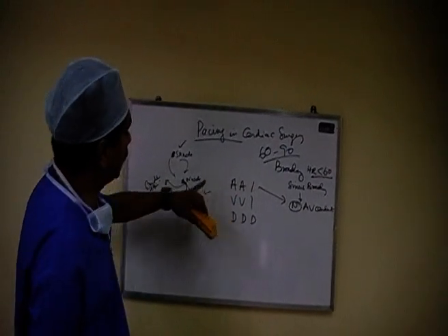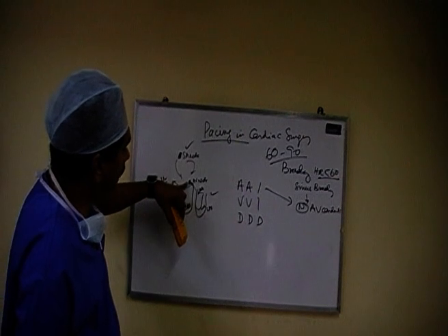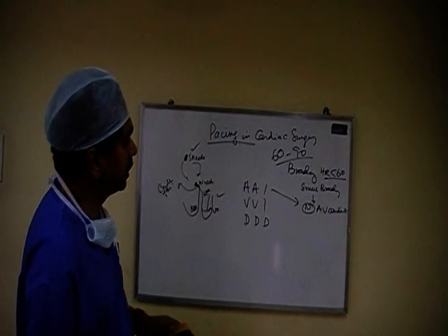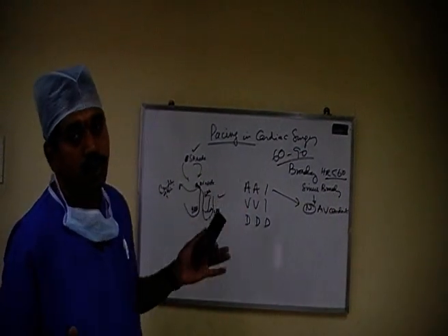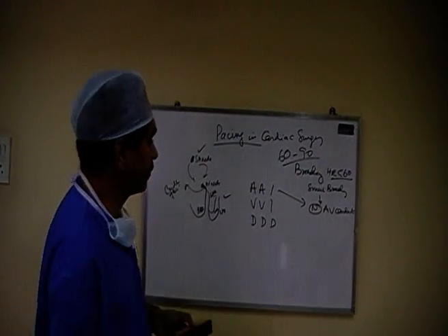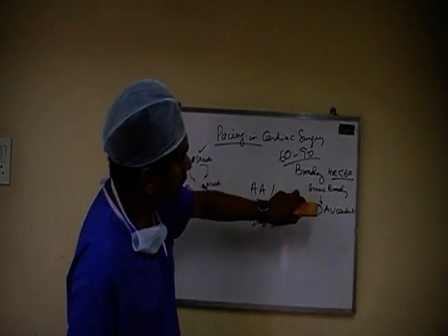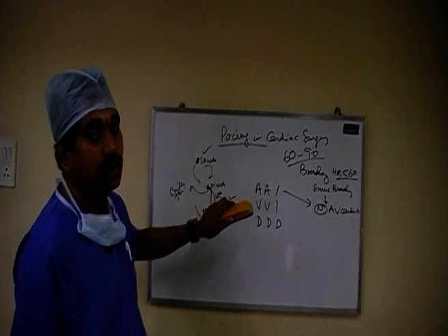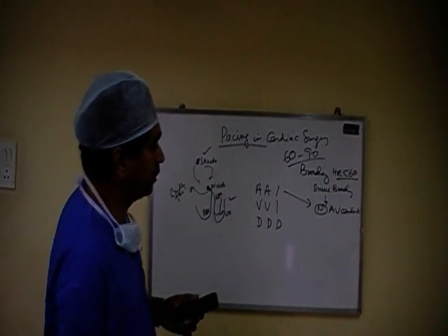Because with AAI, you will stimulate the atrium and the stimulus will go to the AV node and get conducted just like a normal electrical impulse. The whole idea of pacing is to get the physiology as close to normal as possible. So if there is bradycardia and normal AV conduction, AAI is the best modality because this will simulate normal sinus rhythm activity.